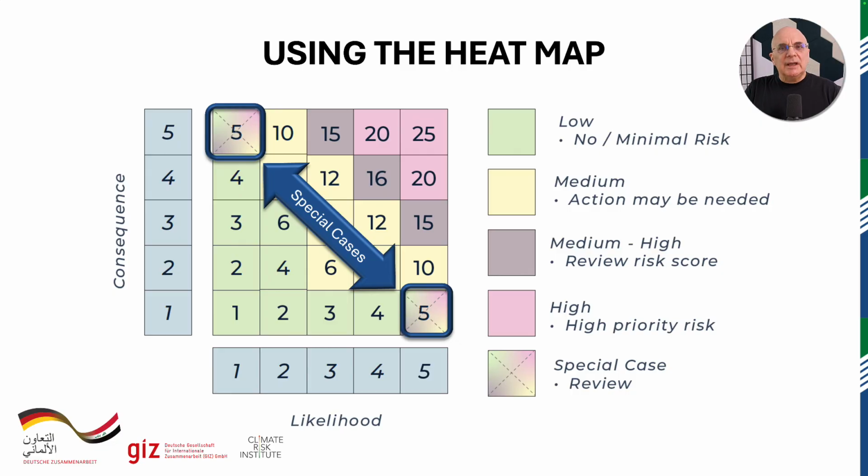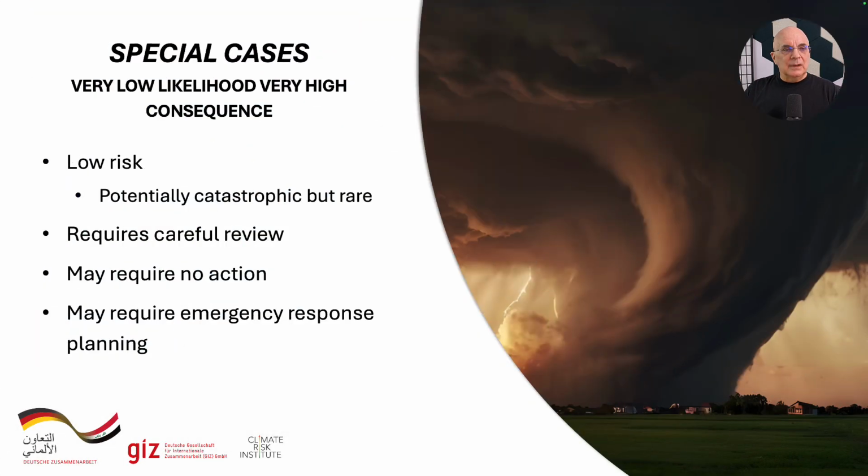And we have 2 special cases that we think about. Typically, those items that score a 5 require a bit more thought than some of the others. So these are the special cases. In one case, we have very low likelihood and very high consequence. Think of something like a tornado or a hurricane, which can be very impactful but quite rare.